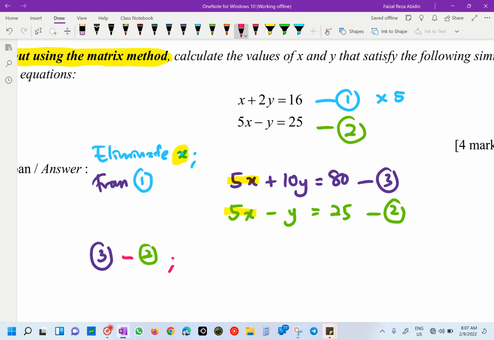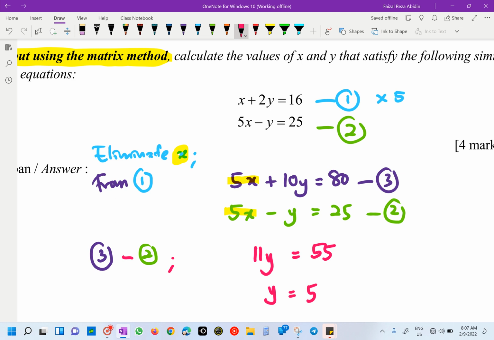Ada orang buat 9y. Padahal dah betul dah tu. So this one, you have 11y, because negative and negative is positive, equals to 80 minus 25, 55. So now can I find my y? Yes. You are going to get 5.